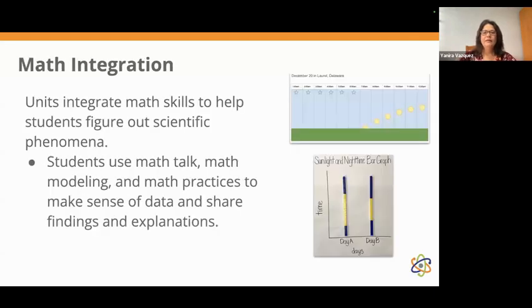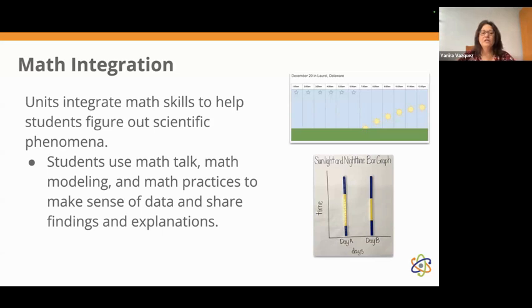Okay, and one of the things that we are really proud of is the integration that we've done when we've designed these units. We've worked really hard to integrate mathematics and ELA into the design of the units. As far as math integration, we are really focusing, first of all, on math practices. Of course, you are going to see those math practices integrated into science.